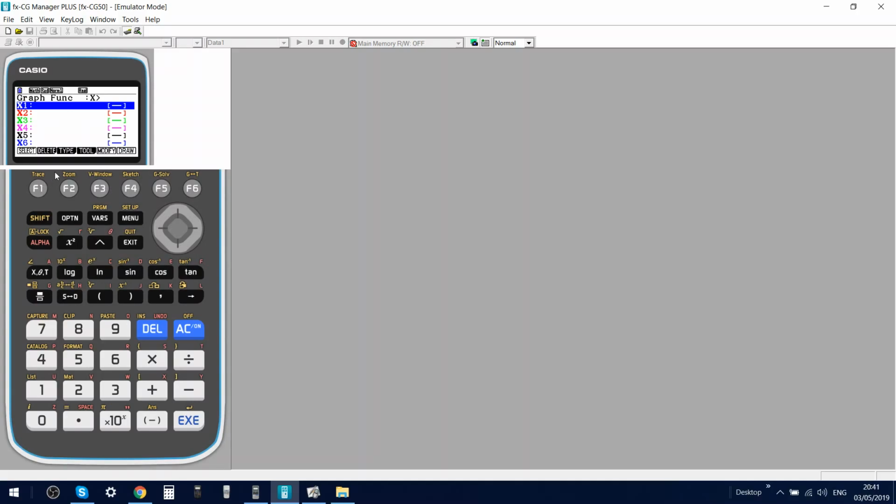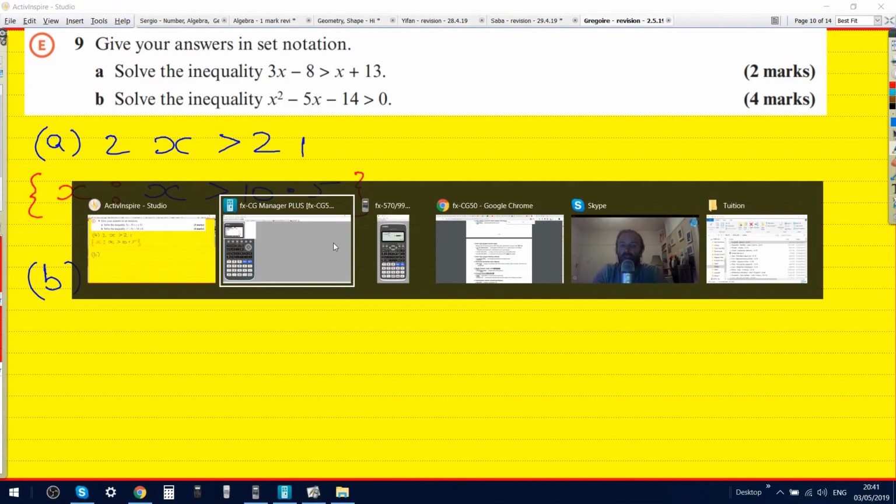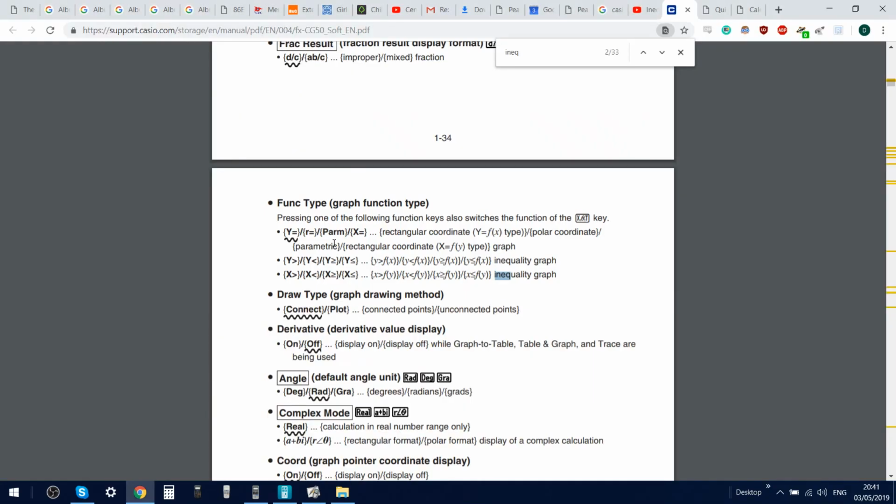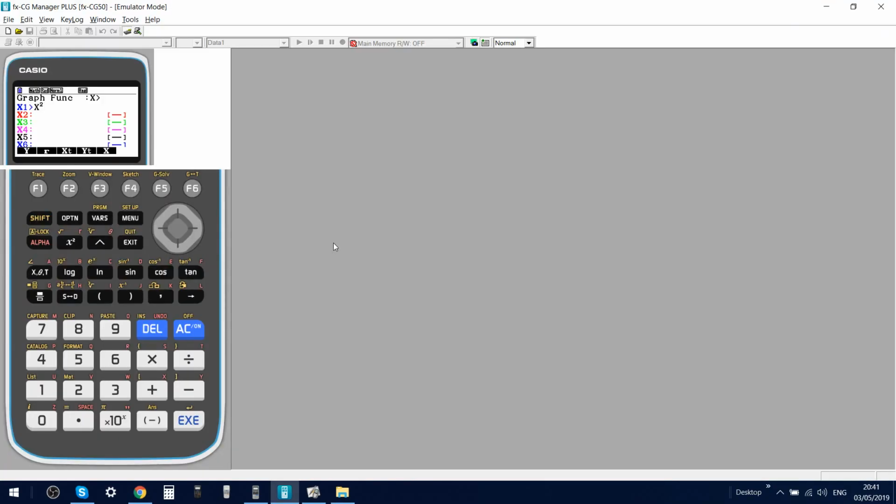Okay. And so we're doing X squared, is it? So X squared minus 5x minus 14. For me, when I write it down, it becomes x is greater than y squared minus 5y minus 14. Does it make a difference? We're about to find out. Press execute.